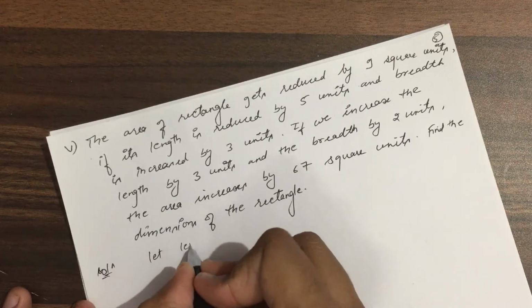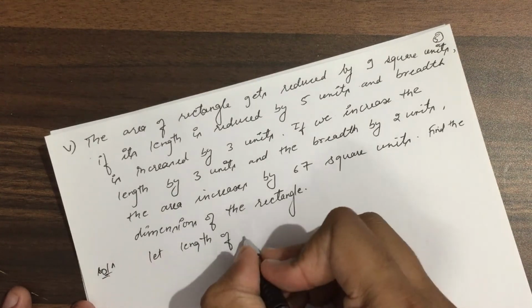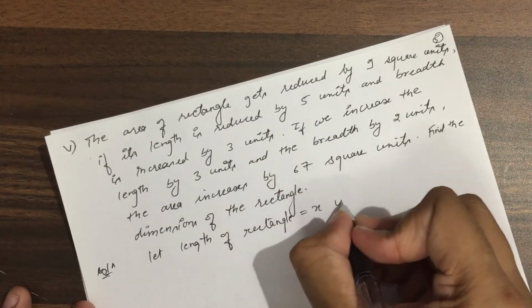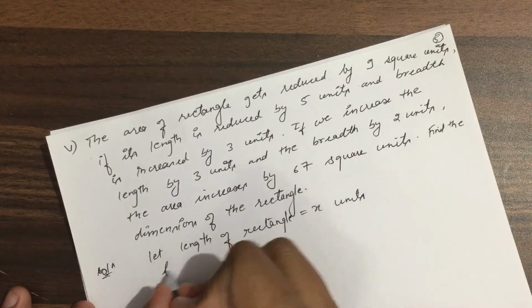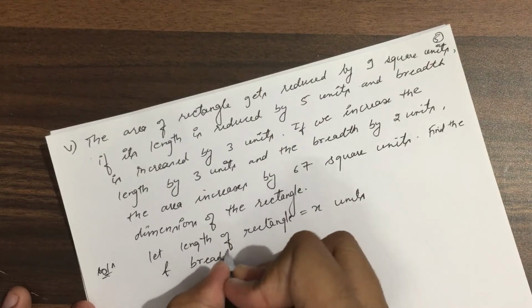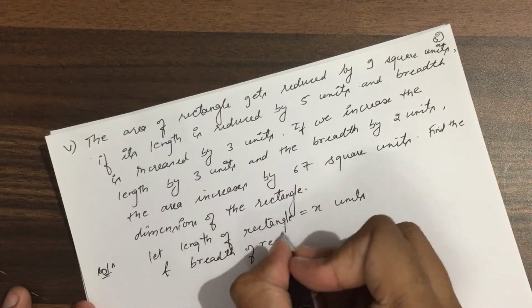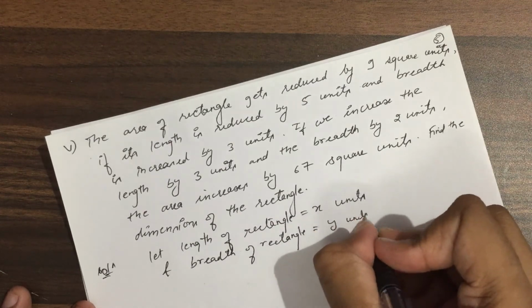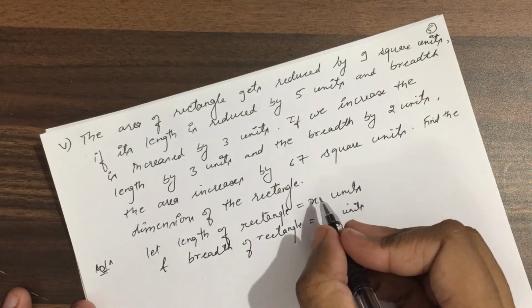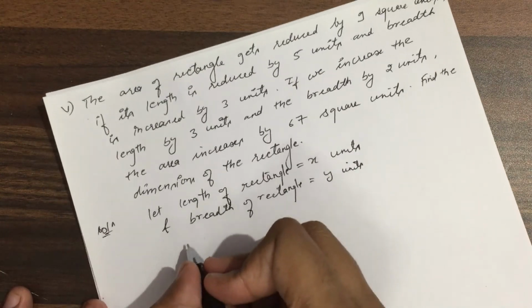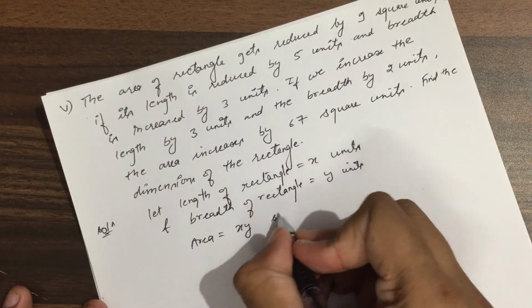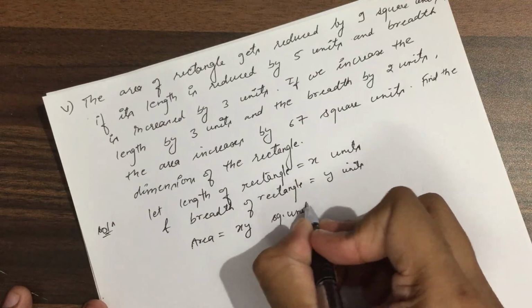Let length of rectangle equal to x units and breadth of rectangle equal to y units. If length is x, breadth is y, so area will be xy square units.